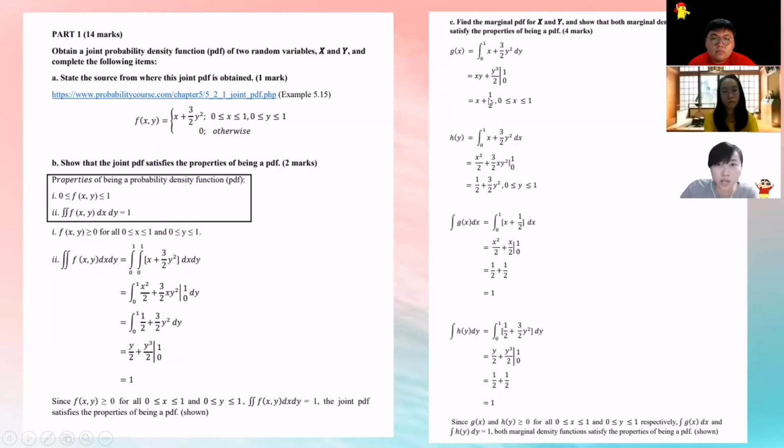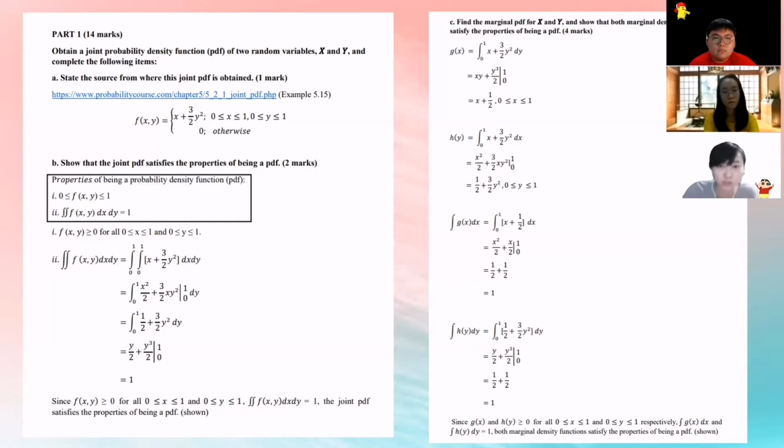Then we get the answer x plus 1 over 2, and the range of x is in between 0 and 1. Then we also get the marginal function of y, and we integrate fxy with respect to x. Then we get the answer 1 over 2 plus 3 over 2 y squared, and y is in between 0 and 1.